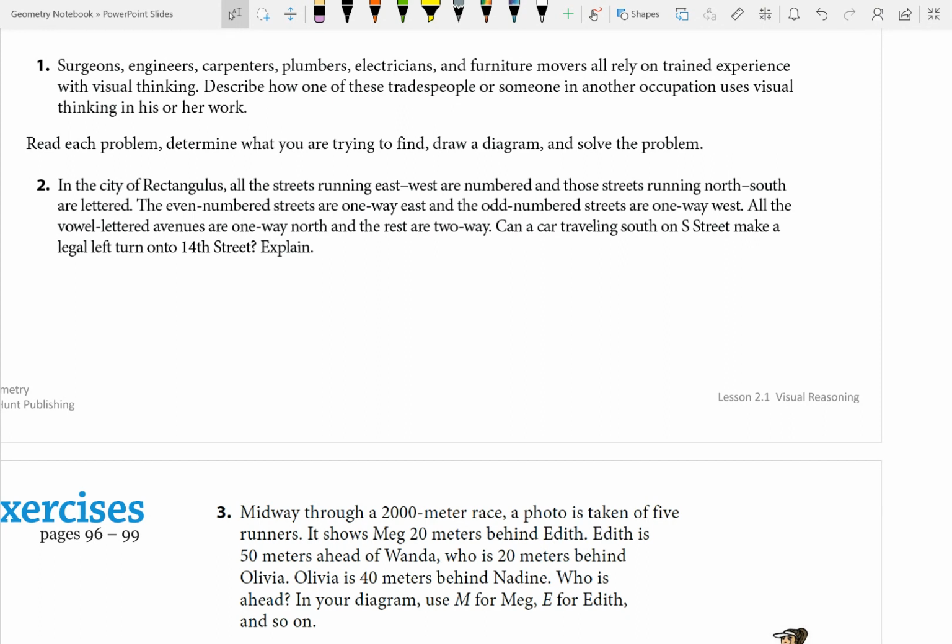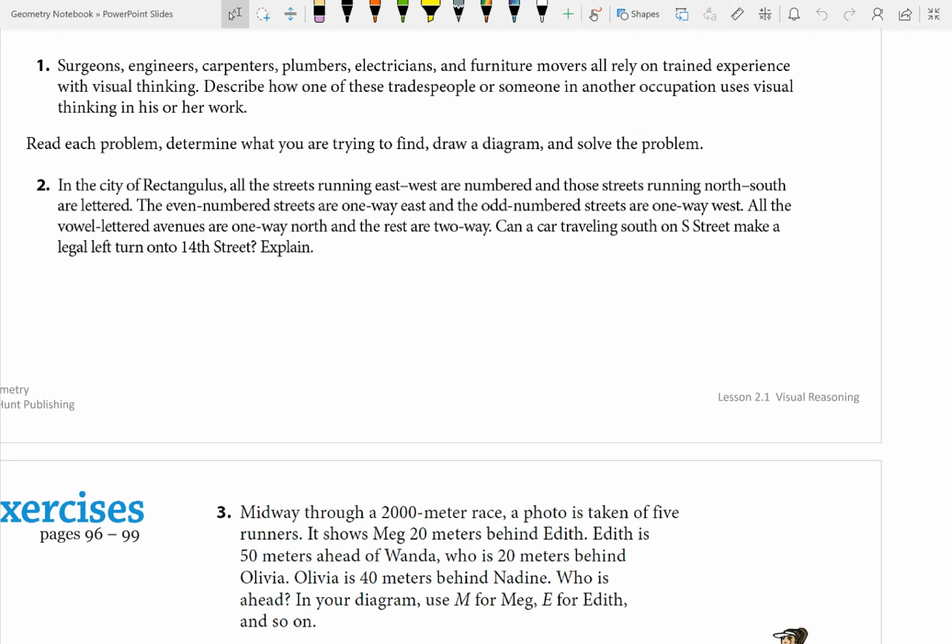The even-numbered streets are one way, east, and the odd-numbered streets are one way, west. All the vowel-lettered avenues are one way north, and the rest are two-way. Can a car traveling south on S Street make a legal left turn onto 14th Street?